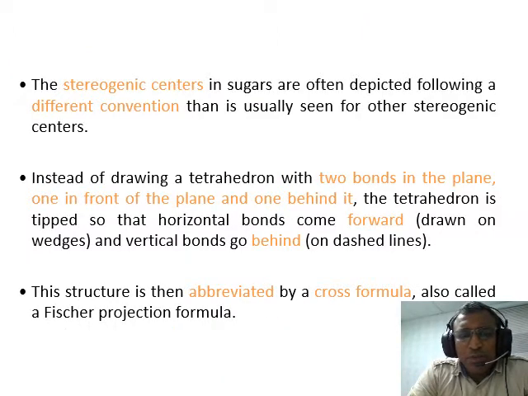Then you also have more on the chemistry terms. For instance, the stereogenic centers for carbohydrate refers to the carbon connected to 4 different groups. Therefore, it will have stereoisomers. And then in the middle paragraph there, it's about how it can show the structure, the Fischer projection.